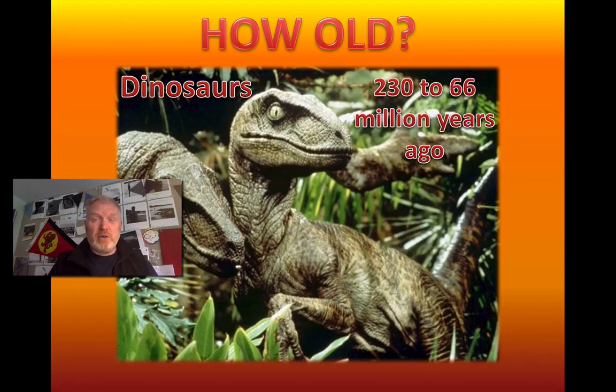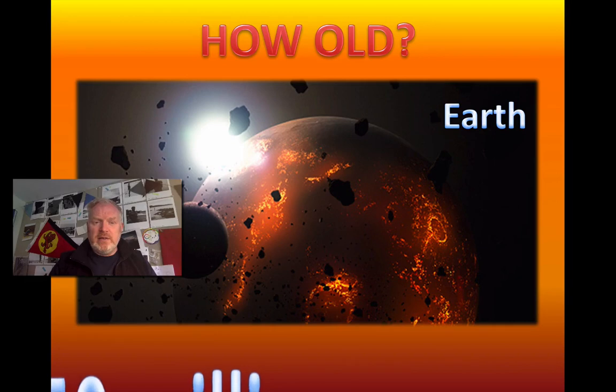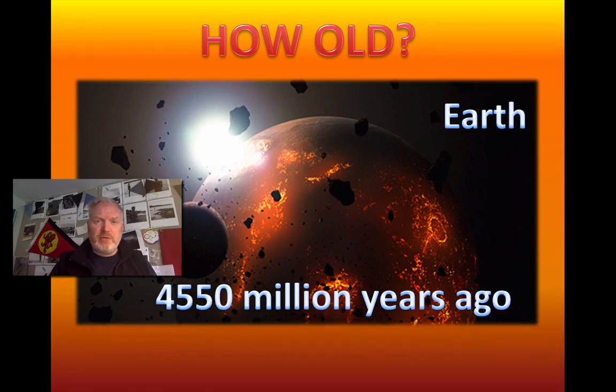They evolved about 230 million years ago. So we're pushing further back now into geological time. If you think about the planet itself, if you remember from theme 0, this is about 4,550 million years old. So we've got this huge span of time to think about.